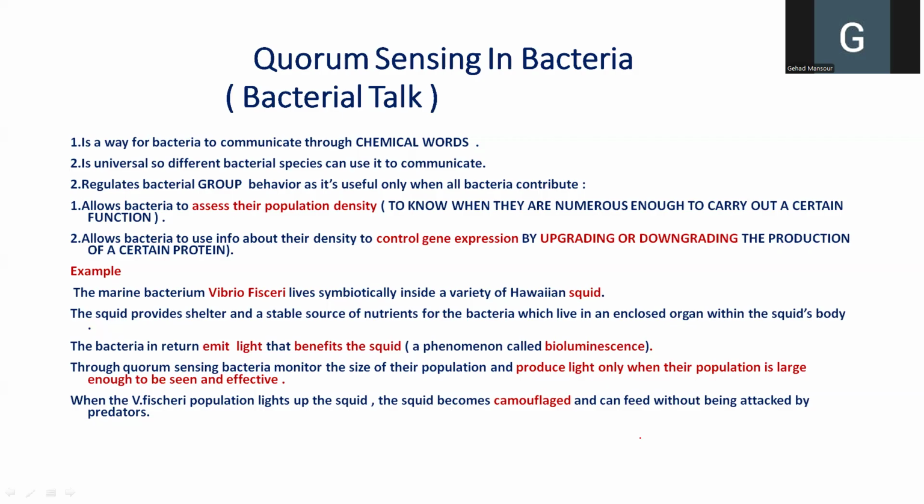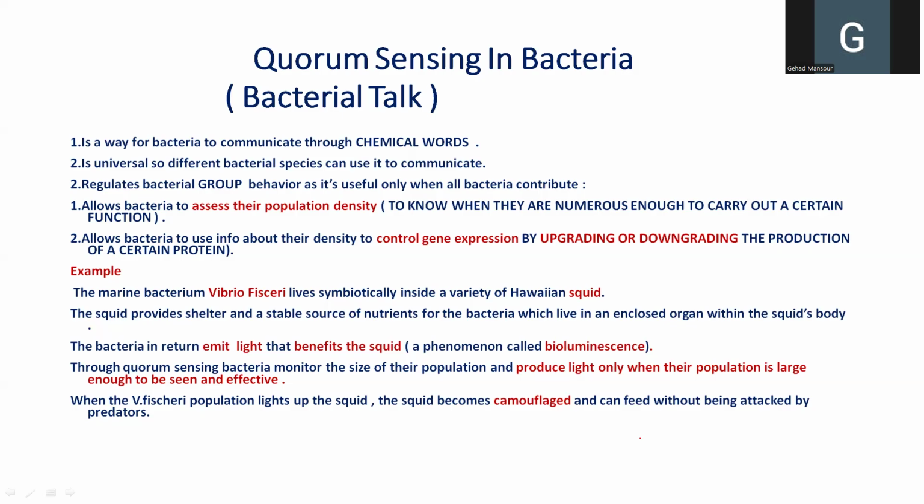And this light, of course, is important for the squid in the depth of the oceans, in the depth of the water where it is swimming. Quorum sensing, or the talk between the bacteria, will allow them to produce this light only when they are numerous enough.